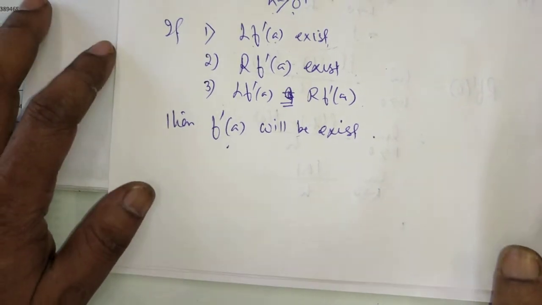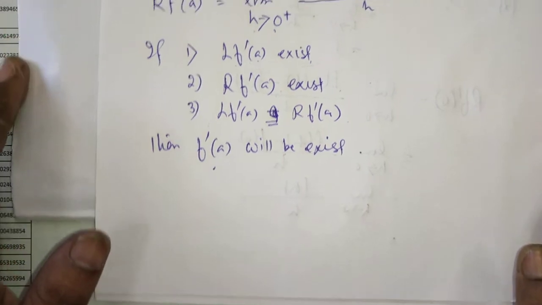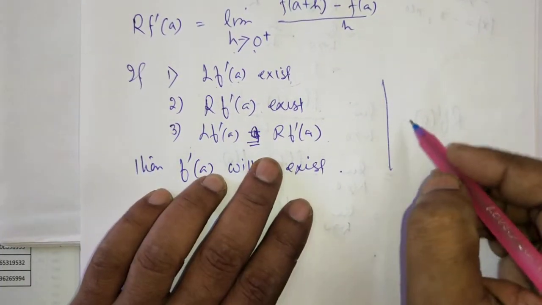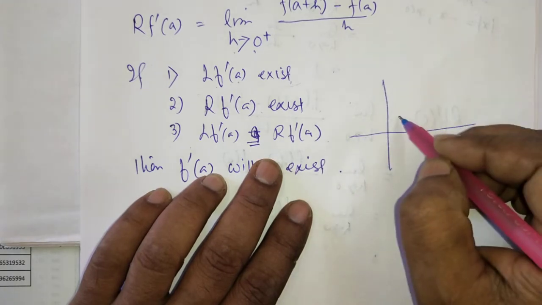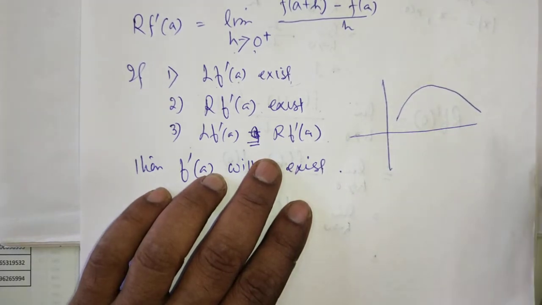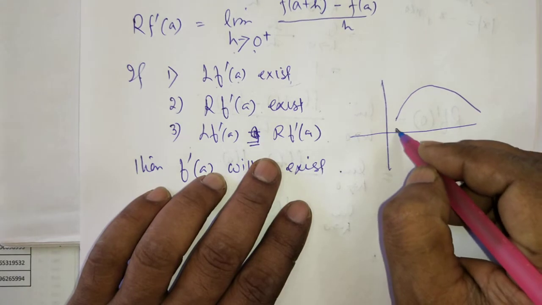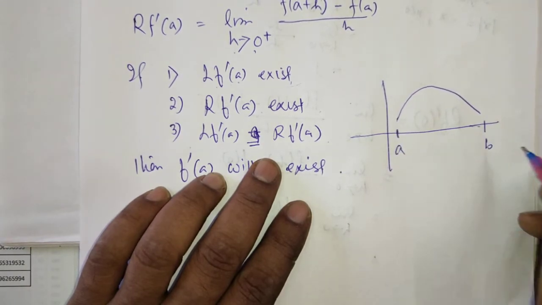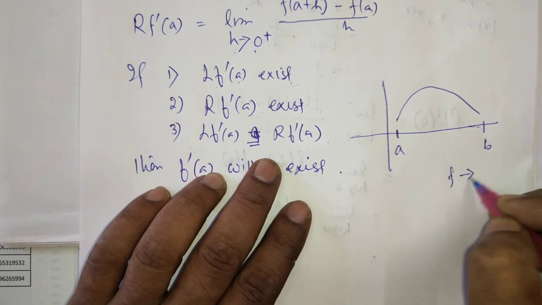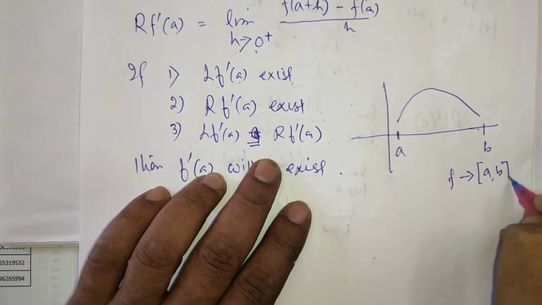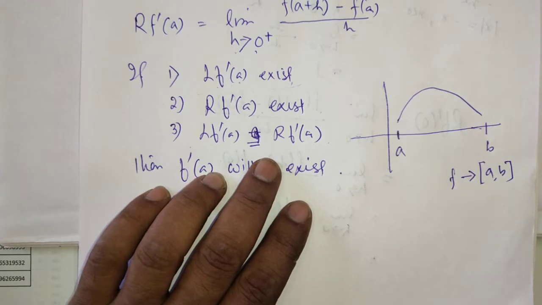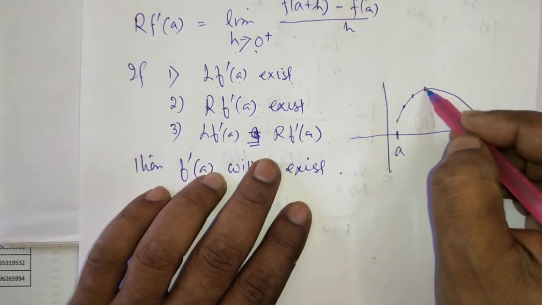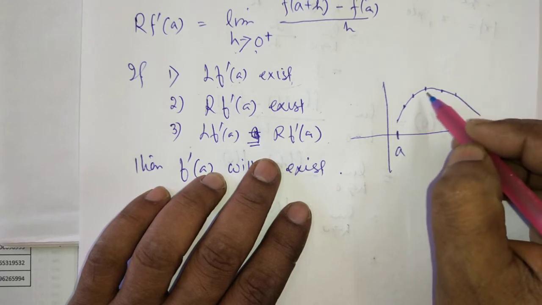If that happens, suppose that I draw a graph. Suppose this is a graph of a function and it is defined in, suppose, a closed interval AB. F is a function defined in a closed interval, the domain is a closed interval AB. You can consider any point on the curve and you can draw a tangent.